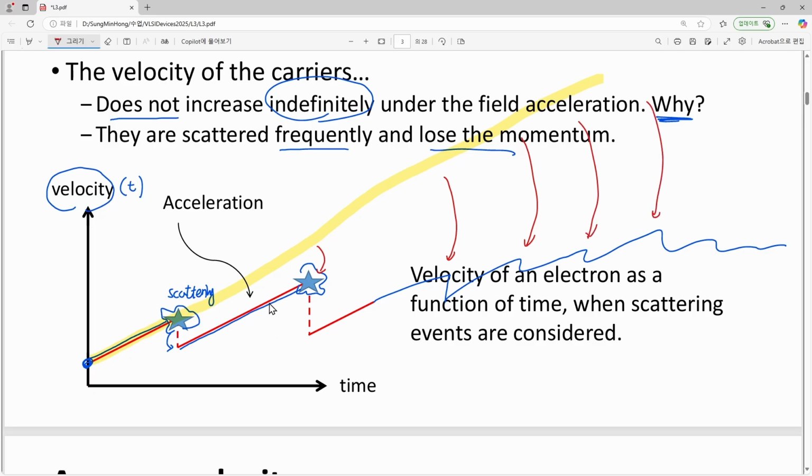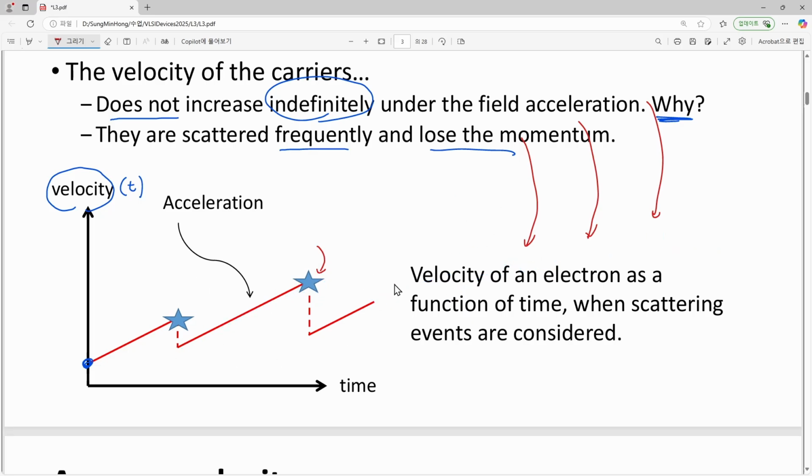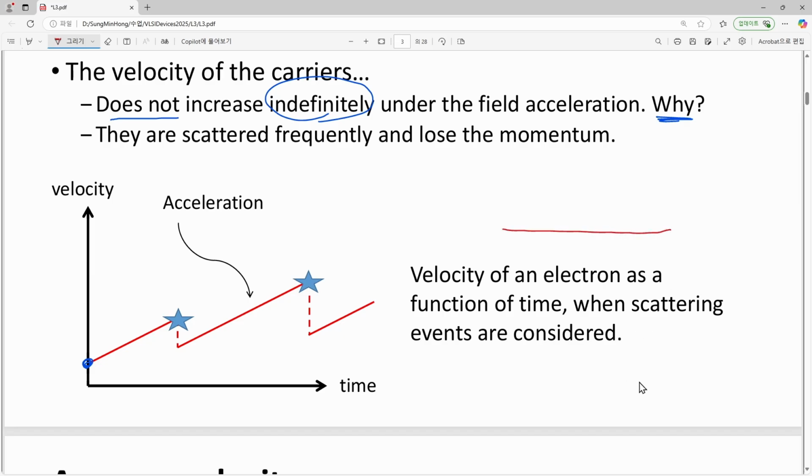So we will have a certain value of velocity even a long time later. It is known that this value of electron velocity after a long time has passed under constant electric field is more or less given.